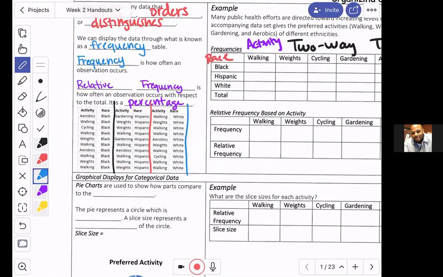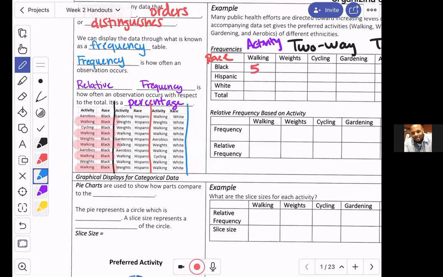So if you look at black first, starting with walking, you have 1, 2, 3, 4, 5. Yeah, looks like you have 5 right here for your frequency.